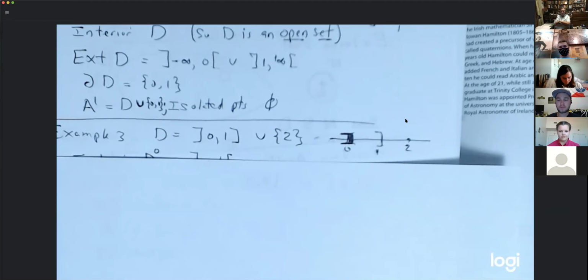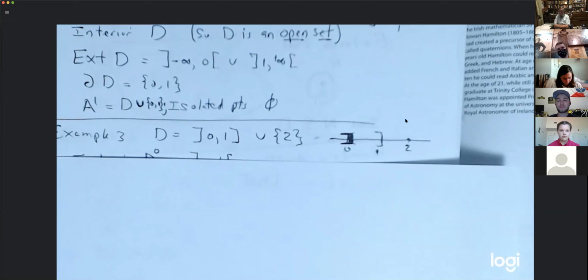So the point is that any ball around 1 will include points less than 1. And that's stuff in the set. So any ball, in this case any interval around 1, will have to include stuff less than 1. And therefore, that's inside.